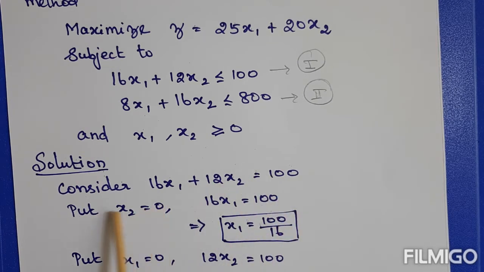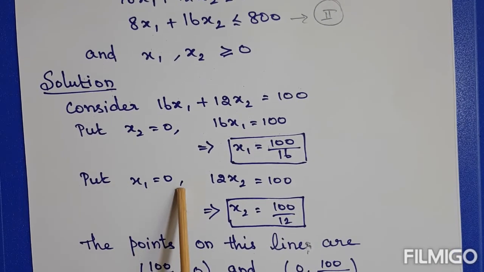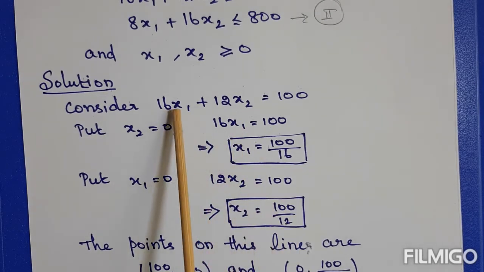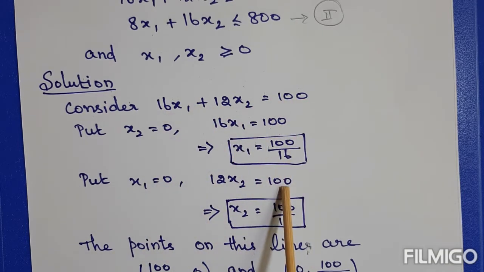Put x2 equal to 0, then 16 times of x1 equal to 100, that is x1 is equal to 100 by 16. And put x1 equal to 0, then 12 times of x2 equal to 100, that is x2 is equal to 100 by 12.